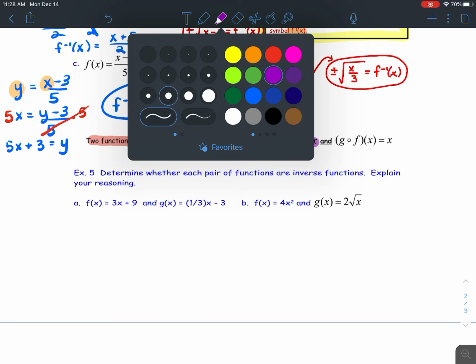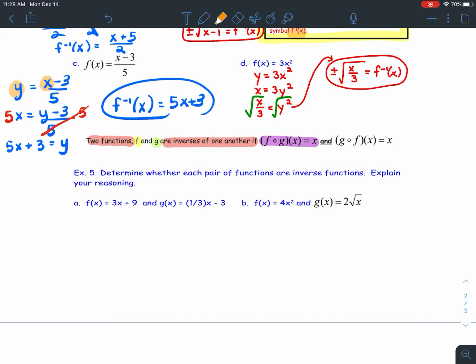You have to show both that when you compose function f of function g, you get an x, and when you compose g of f, you also get an x. Okay, now the significance in x is that it represents the line y equals x that the two graphs are reflected across. We call that the identity function.